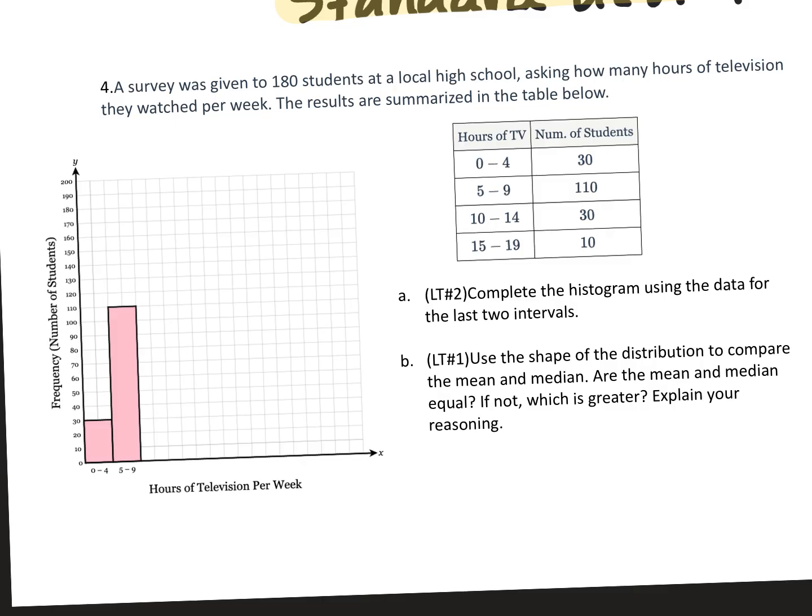Question number 4 is asking us to complete the histogram. So this part of the histogram is already done for us, and this part of the histogram is already done for us. So the one we need to do is here.